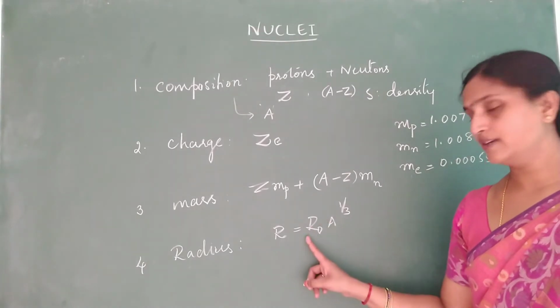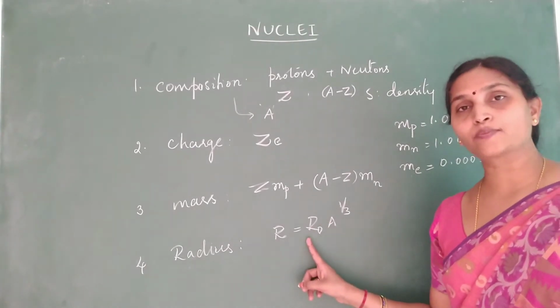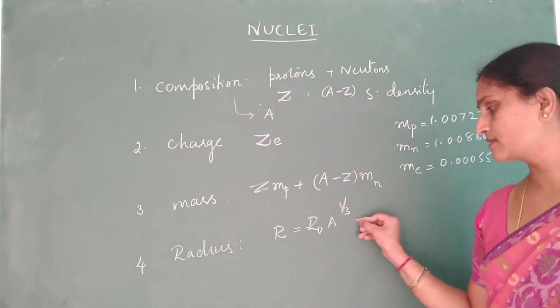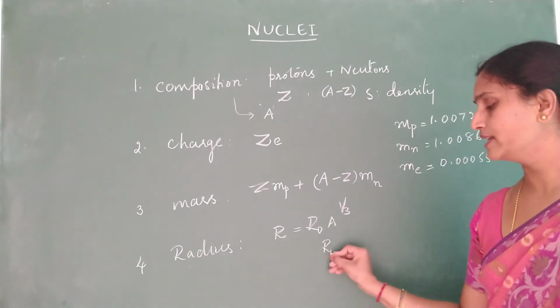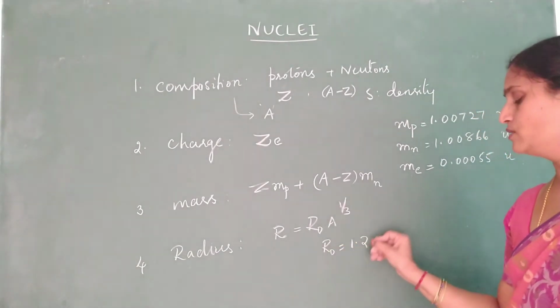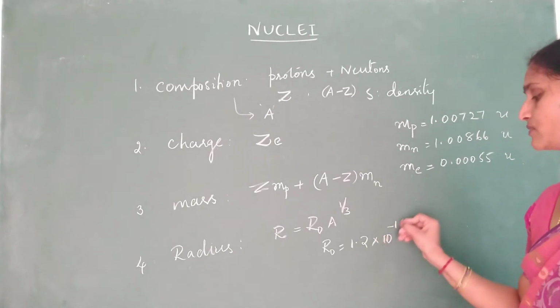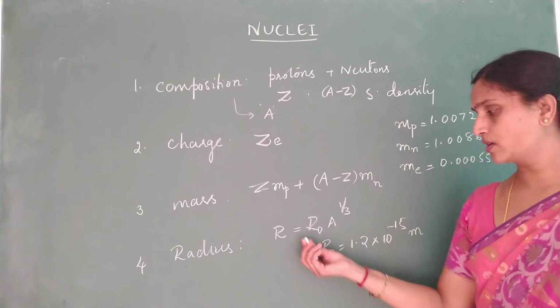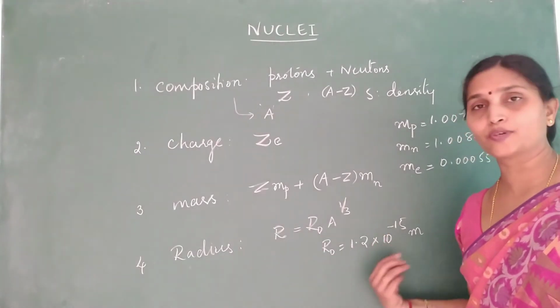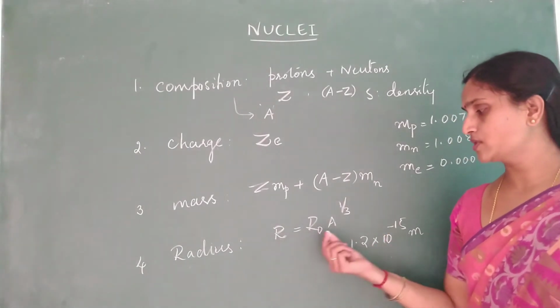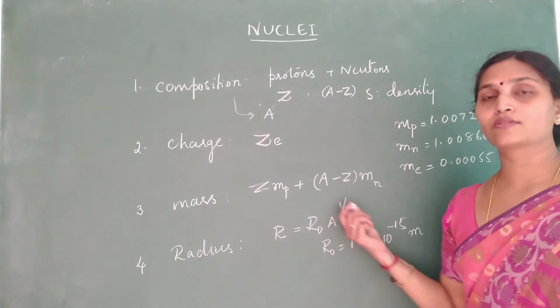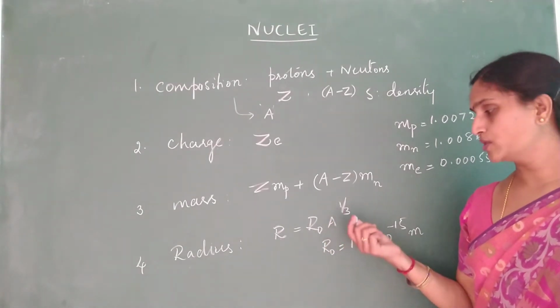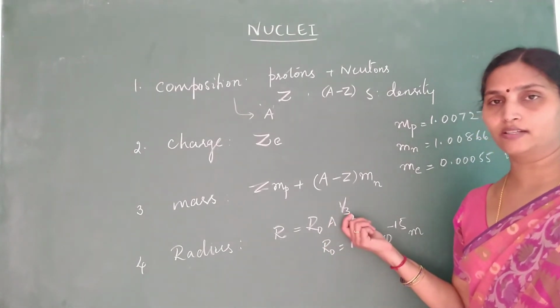The value of R naught, which was experimentally determined, is 1.2 into 10 power minus 15 meter. You can write it as fermi meter, so the order of nuclear radius is in fermi meters. It is proportional to the mass number raised to the power 1 by 3. More the mass number, more will be the radius.